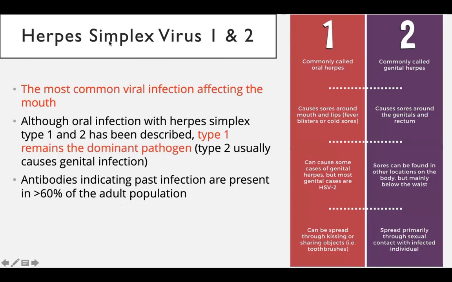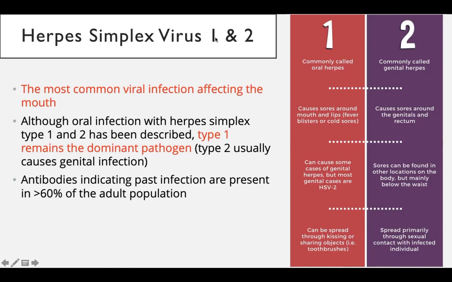So we have two types of herpes simplex virus commonly: type 1, type 2. This herpes simplex is the most common viral infection which affects the mouth. Although oral infection with herpes simplex type 1 and type 2 has been described, type 1 remains the dominant pathogen, and type 2 usually causes genital infections.